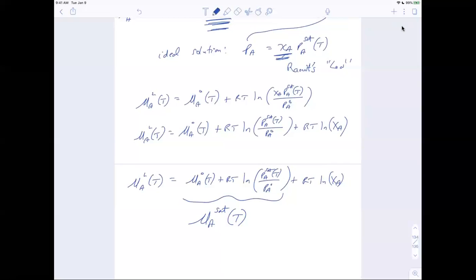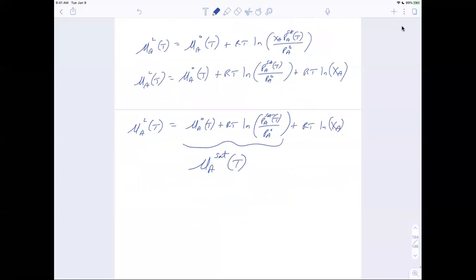Because all I have in this log is the ratio of the vapor pressure of A at this temperature over that reference state pressure. That's why I can lump that together and just say, well, that's the chemical potential of A at its saturation point, or the point where we have pure A in equilibrium with liquid and vapor. Okay, liquid and vapor are in equilibrium. So that's what that first term represents. That's all it is.